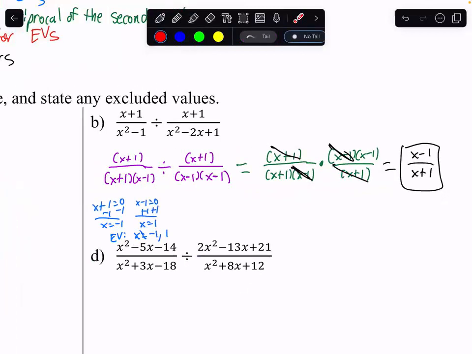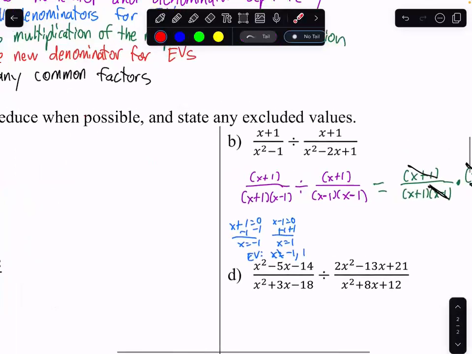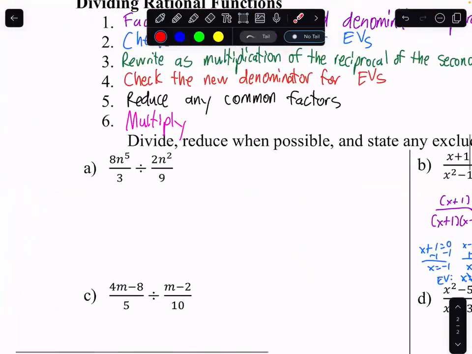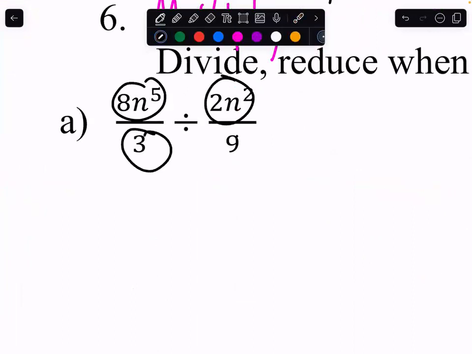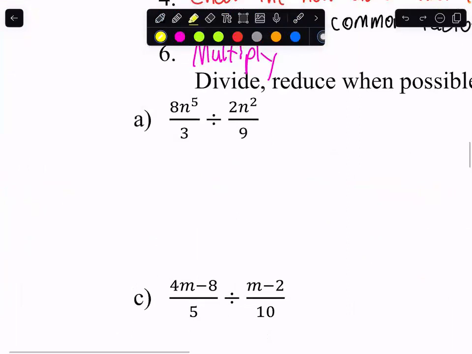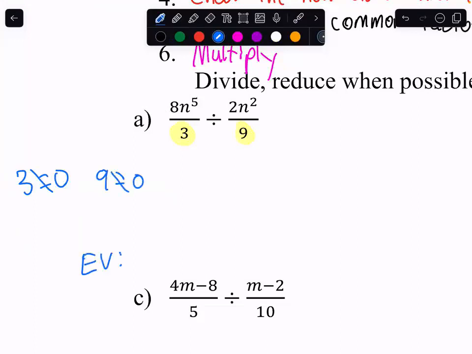Okay, let's go back and do letter A now. So again, factor if possible. Well, all of these are monomials, so there's really nothing to do. Next, excluded values. You check 3, you check 9. Neither of those has any variables, so it seems like there's no excluded values.